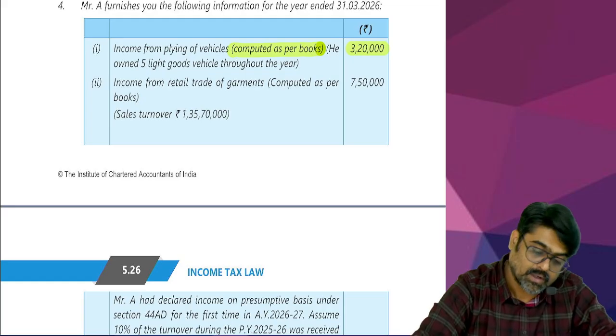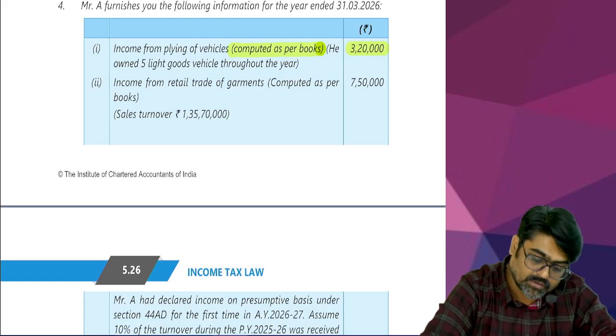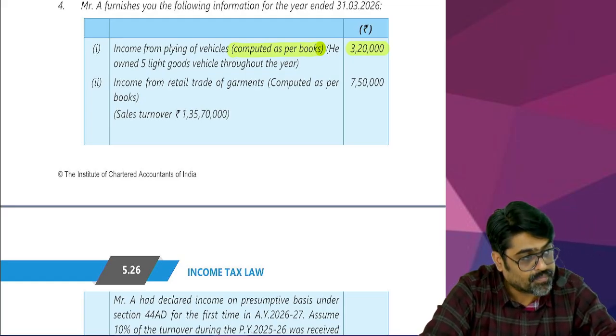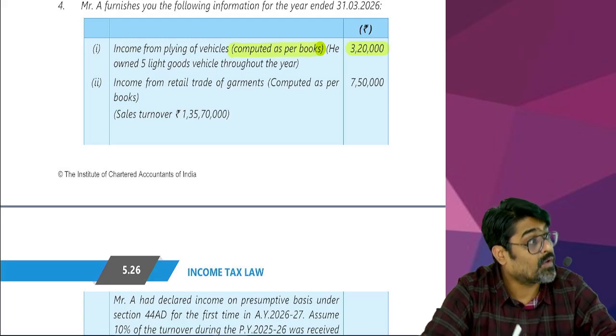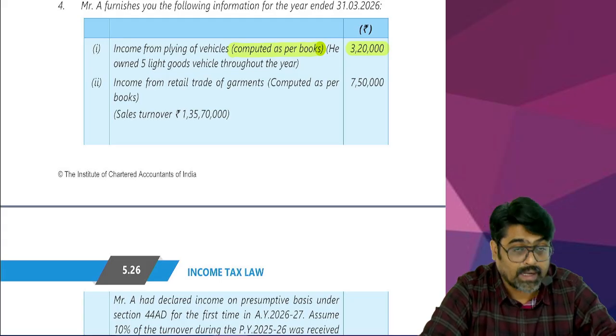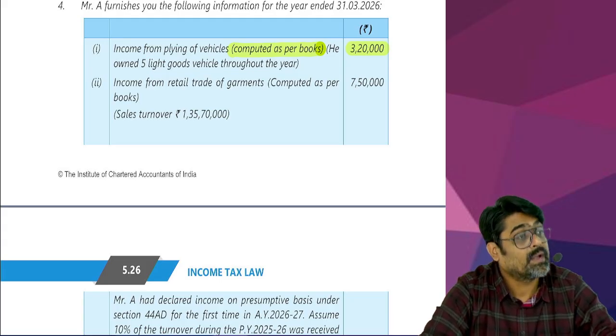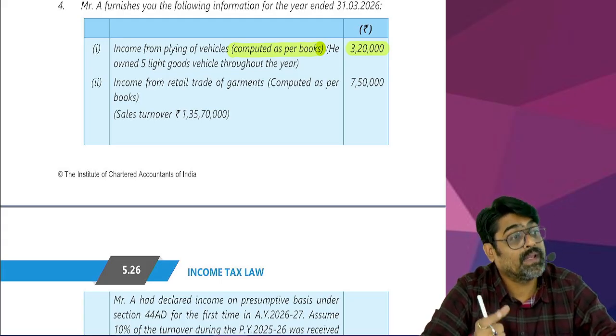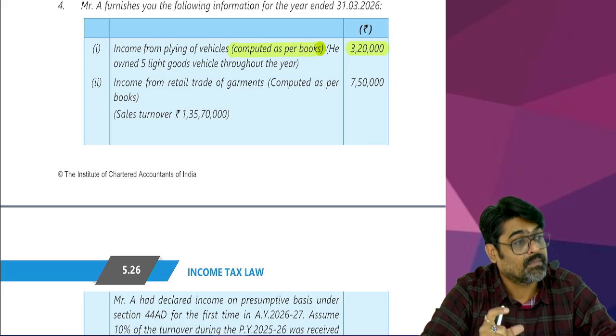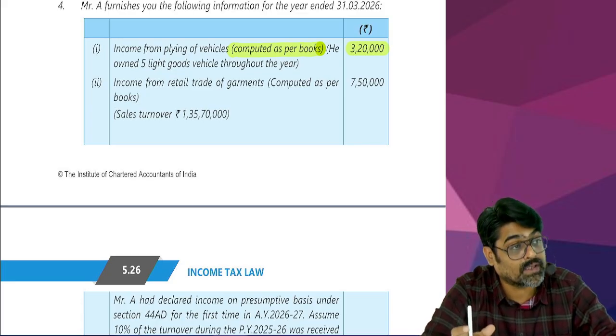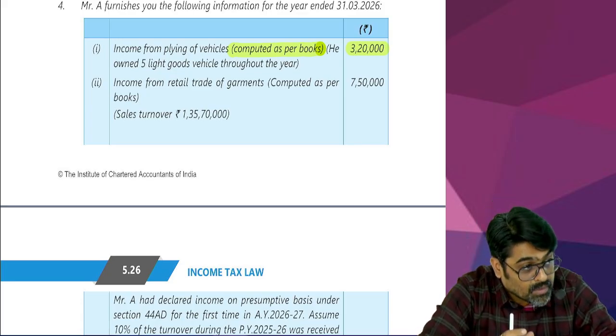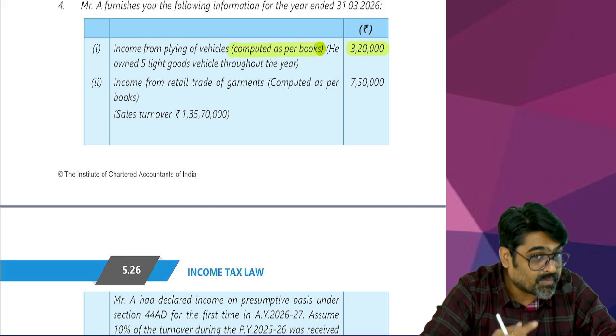3,25,000. Now, how many goods carriages he is owning? Meaning less than or equal to 10. He can follow 44AE also. And if he would have followed 44AE, he should have shown a minimum income per vehicle, per month of ownership or even part of the month of ownership.